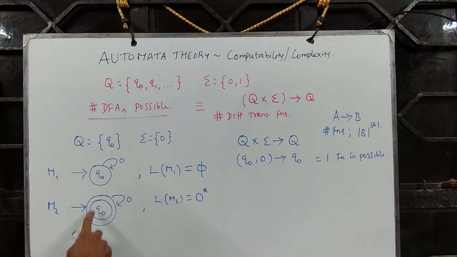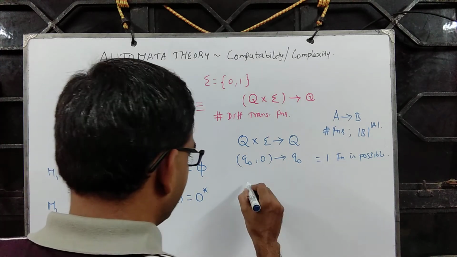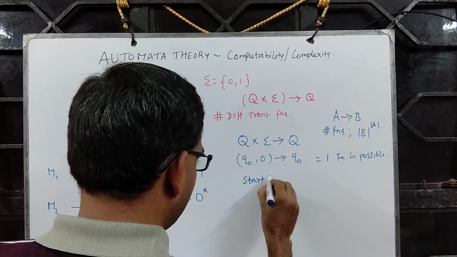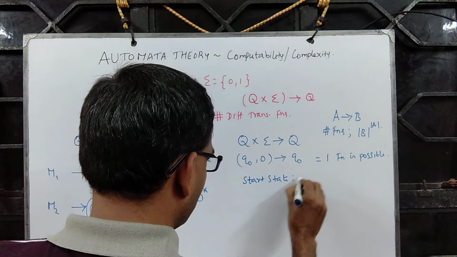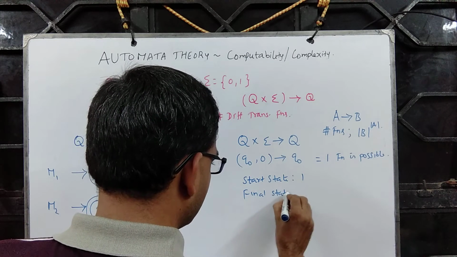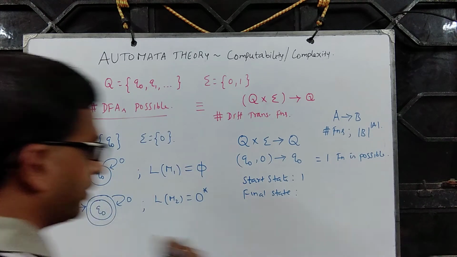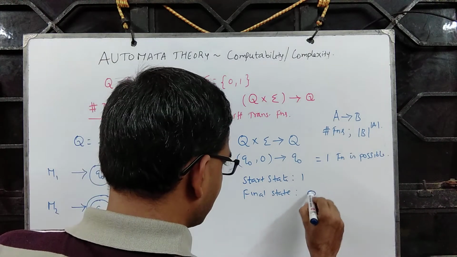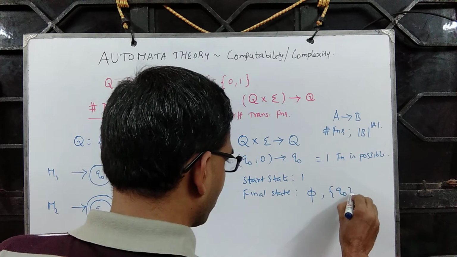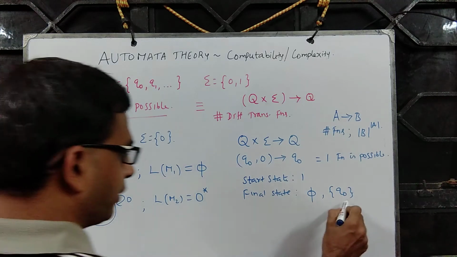So there are possible values for the final state. The start state is only 1, and for the final state there are two possibilities. One is the empty set, another is the set containing Q0.